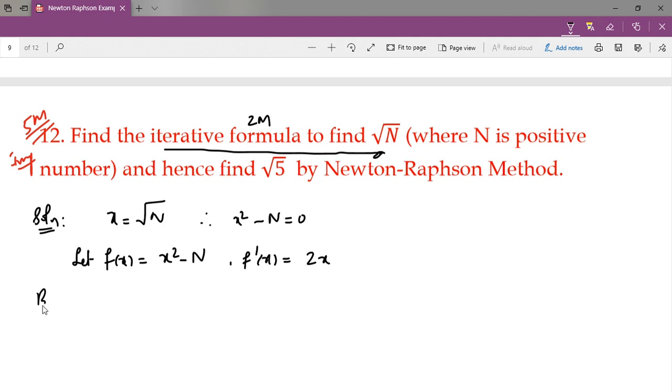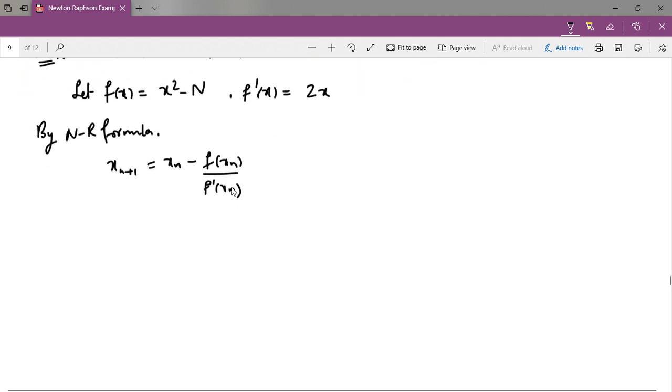Now we have the Newton-Raphson formula. I shortly write it as NR formula, but don't write it as NR formula in the exam. We have xn plus 1 is equal to xn minus f of xn divided by f dash of xn.